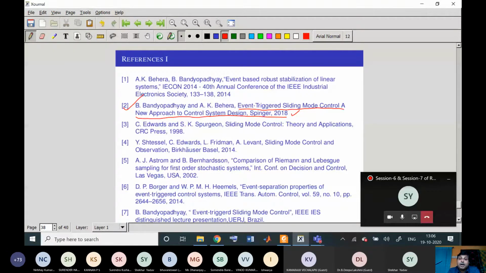And if you want to learn sliding mode control, you can go for references 3 and 4. They are very good books to understand sliding mode control: Edwards and Spurgeon, and Sliding Mode Control and Observation by Shtessel, Edwards, Fridman, and Levant. I made this presentation from references 2, 3, and 4.